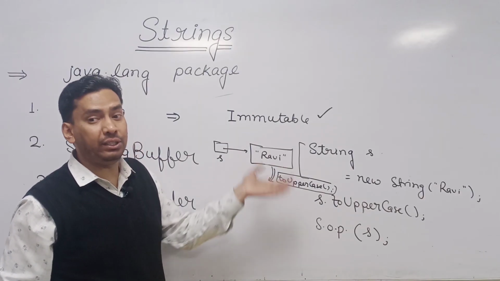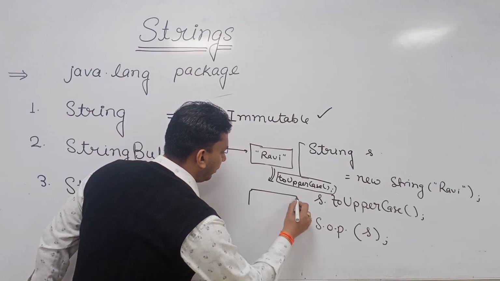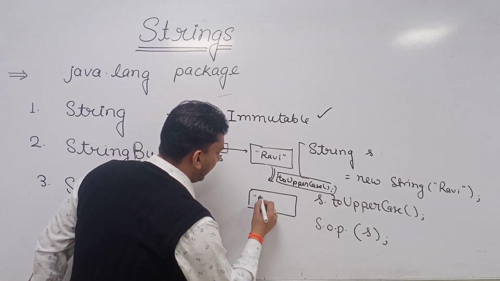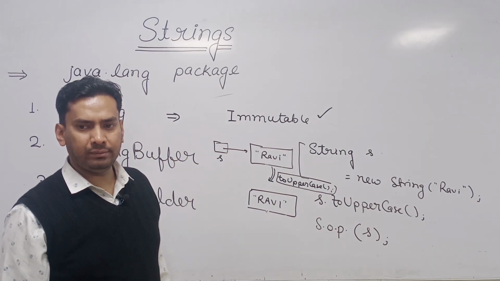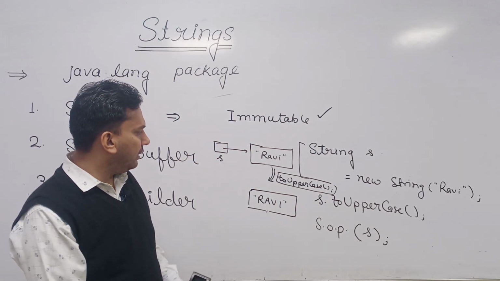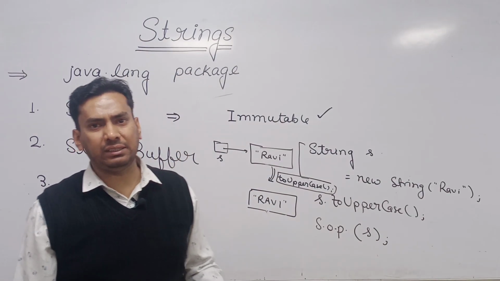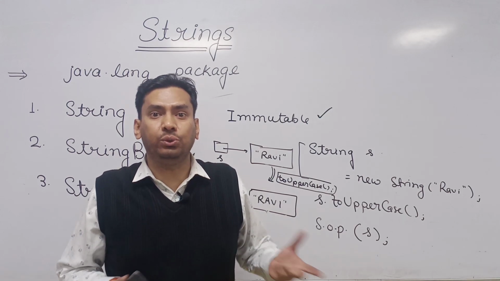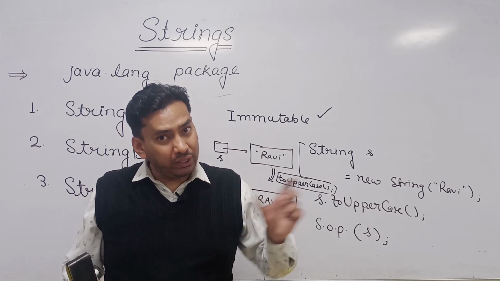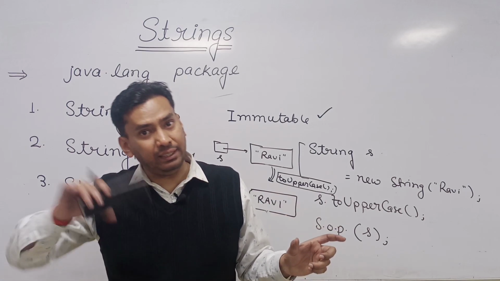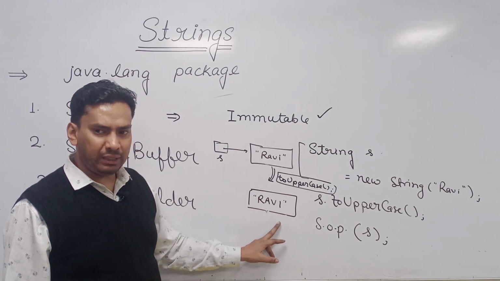So a new object will be created, and here you will get a new object which is having the content RAVI, right? There are many methods available in the string class which allow you to modify, but the method will not change the current object, rather a new object will be created. So a new object got created here in the memory.